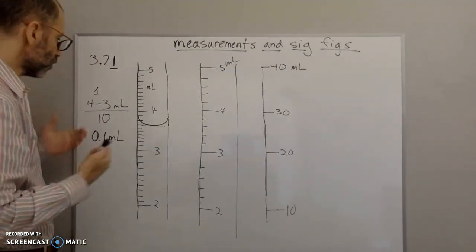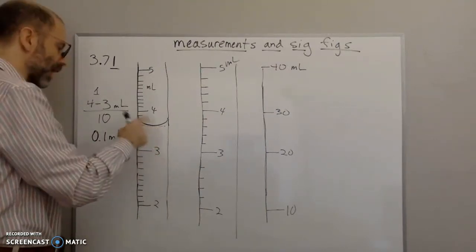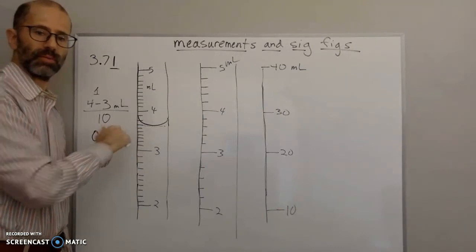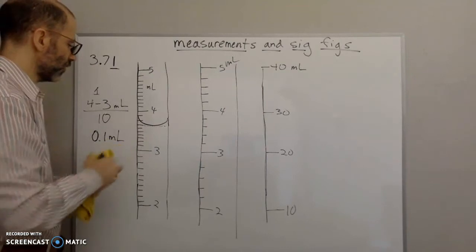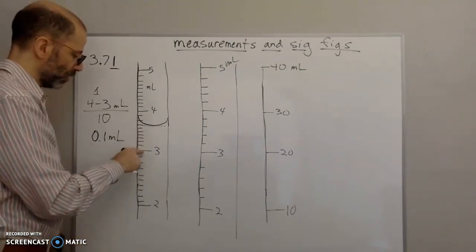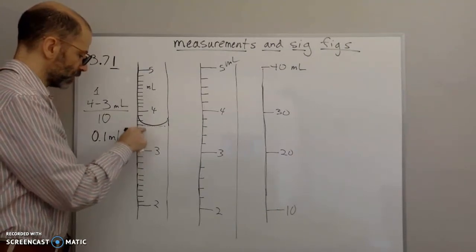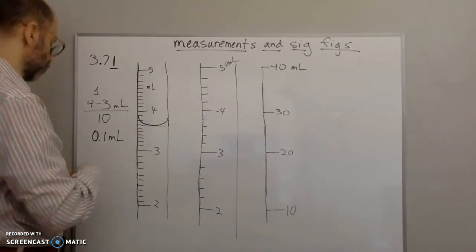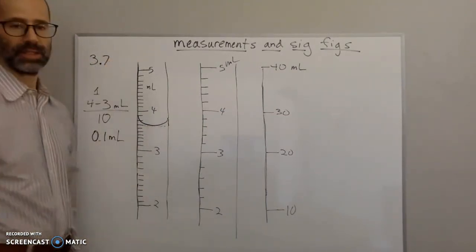Okay. Well, what if it's on the line? This is tricky. A lot of students will get this wrong. When they see it's on the line, they'll say, okay, 3.1, 0.2, 0.3, 0.4, 0.5, 0.6, 0.7. Oh, look, it's on the line, so they'll write 3.7.